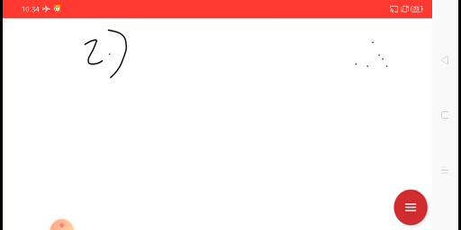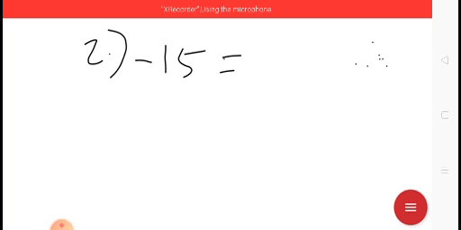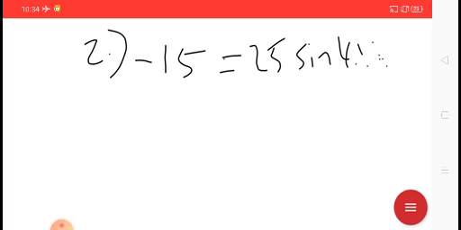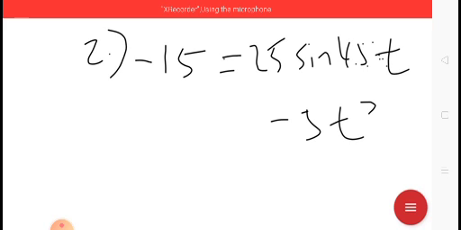So if you want to find the time to hit the floor, the displacement will be negative 50. You use the vertical component: negative 50 equals ut minus half gt squared, which is 25 sin 45 t minus half 10 t squared, so minus 5t squared.